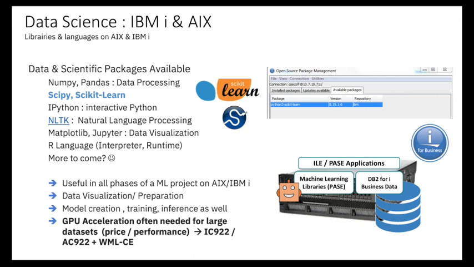Just for your information, you can also build chatbots with NLTK, a framework used for natural language processing. You've also got the R language as well. And of course more to come, hopefully. So everything you need runs on IBM i.